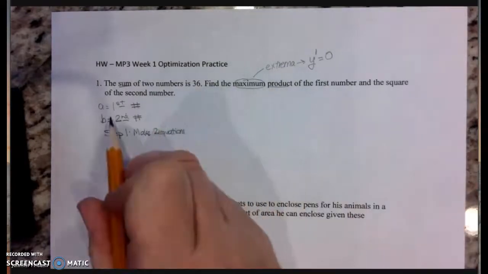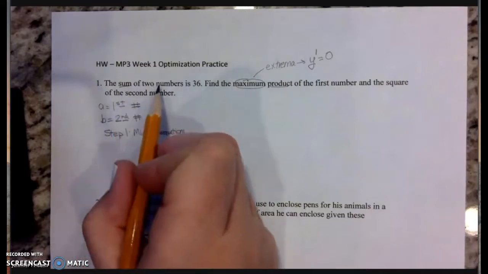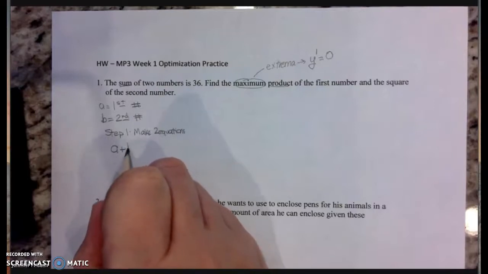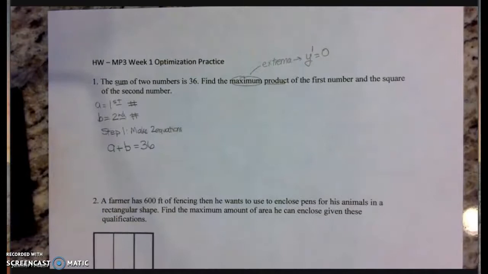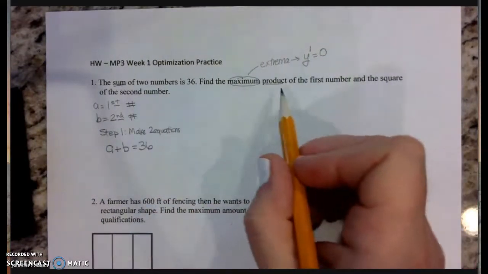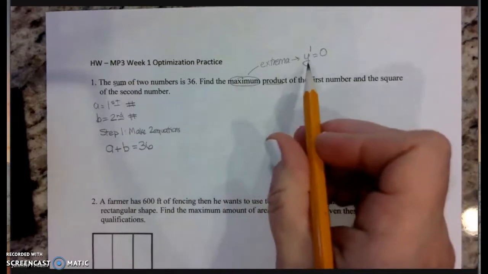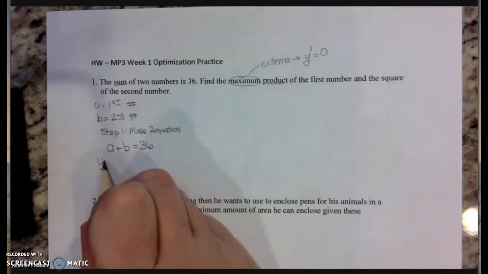Okay? So the first equation is going to be using this first sentence. The sum of two numbers is 36. So A plus B equals 36. Fantastic. The next part says find the maximum product of the, okay, so this means you're going to need a derivative, but before that, you're going to have a y equals.